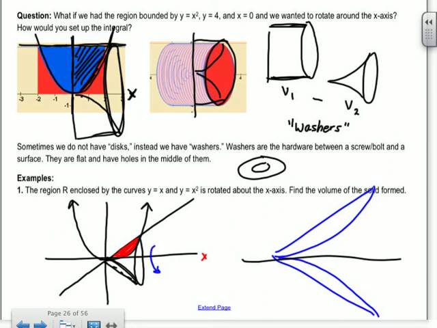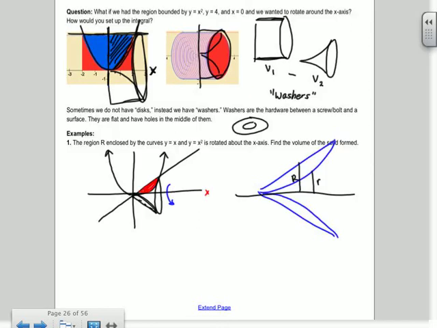So here's the x-axis. I drew my outer radius here. My inner radius is here. That's little r. So capital R, little r: outer radius, inner radius.